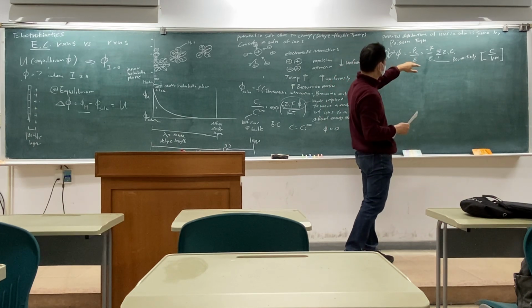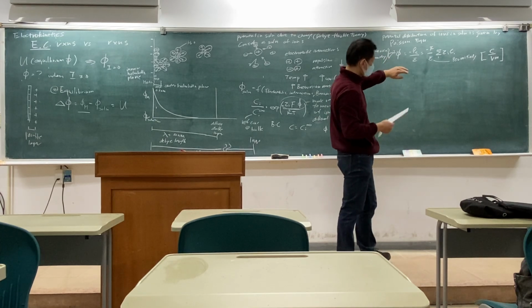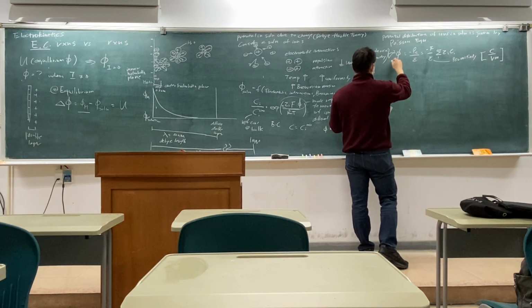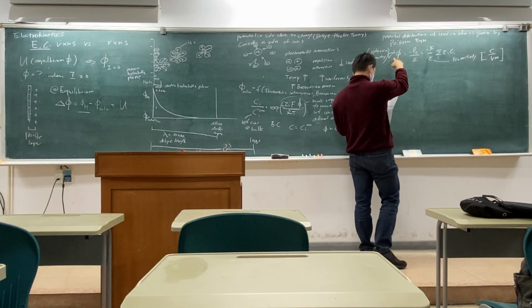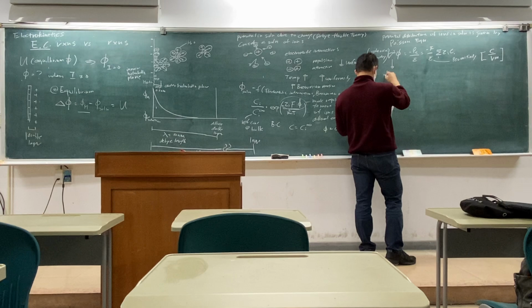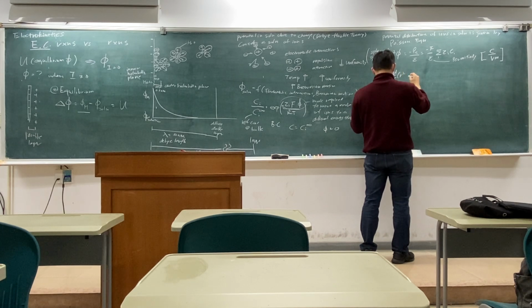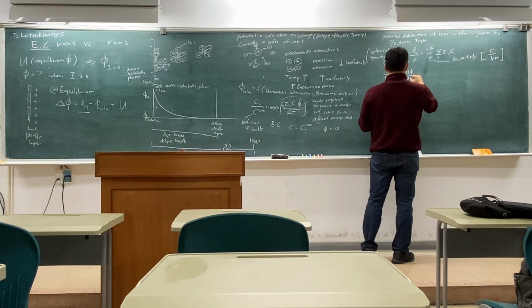Okay? To solve for this, okay, so this is spherical geometry. If you were to solve this using spherical symmetry, the solution is 1 over r squared, d/dr of r squared dψ/dr.